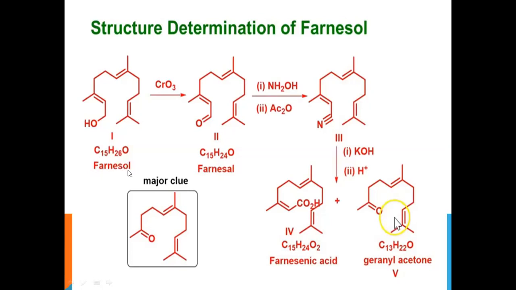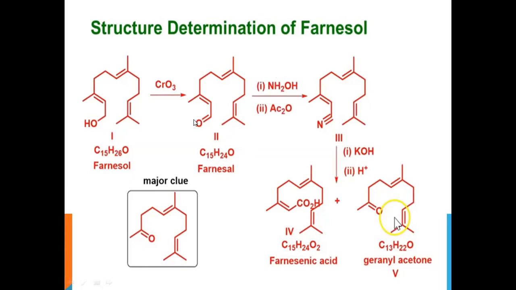The name ends with OL, which means there is one hydroxy group. Whenever there is a hydroxy group, on oxidation, if it is a primary hydroxy, it gives an aldehyde. So farnesol on oxidation with chromic acid gives farnesal, that is, the alcohol is converted to an aldehyde. This farnesal is allowed to undergo treatment with hydroxylamine followed by acetic anhydride.